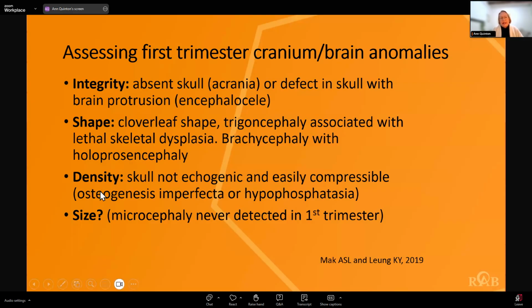And then density is important. So if the skull's not echogenic and you can easily compress it with the ultrasound probe, then you have to be thinking about osteogenesis imperfecta or hypophosphatasia. And again, they will usually have abnormal looking limbs.